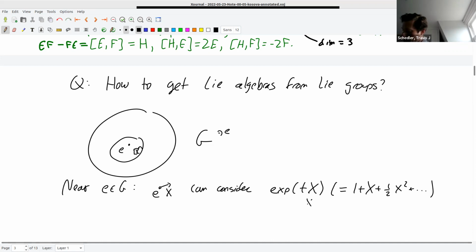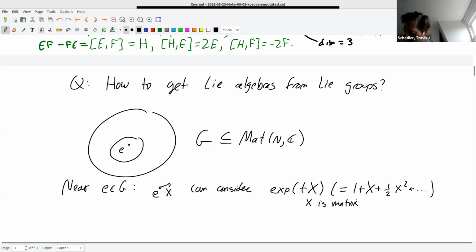So X is going to be a matrix. Let's say that this is all not just living inside of Rn, but inside some n by n complex matrices. So X is some matrix, which gives you the derivative, the tangent space at e.